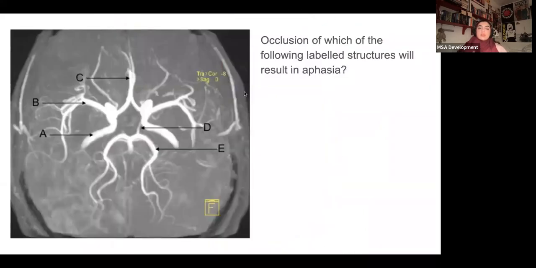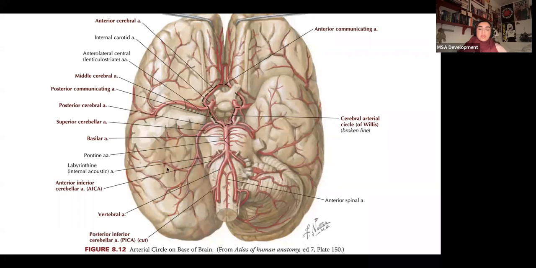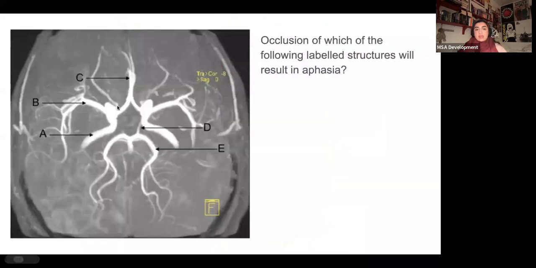So over here, when we understand the vasculature of the brain in this way, then we can understand it in the actual radiologic image. So occlusion of which of the following labeled structures will result, for example, in aphasia. So we know that aphasia occurs, either Broca's or Wernicke's aphasia, whatever it is. Those are implicated when a specific part of the hemisphere is affected. And those are most likely due to middle cerebral artery damage.